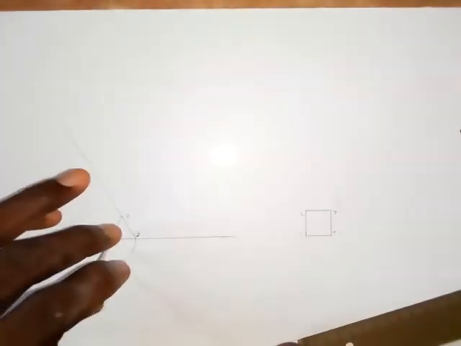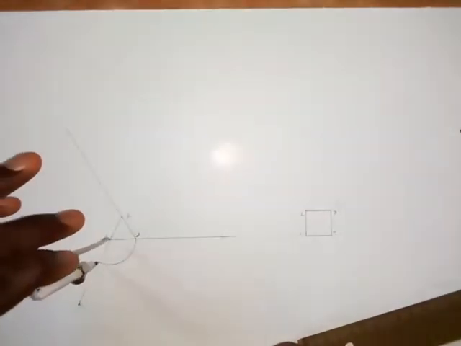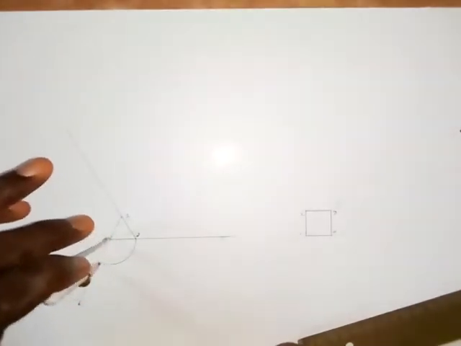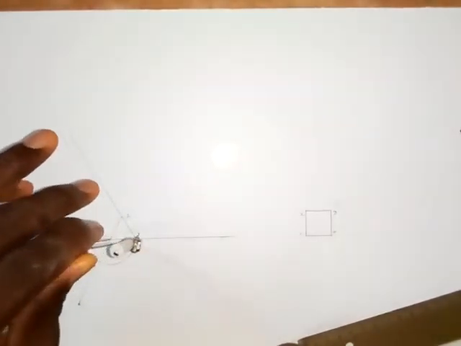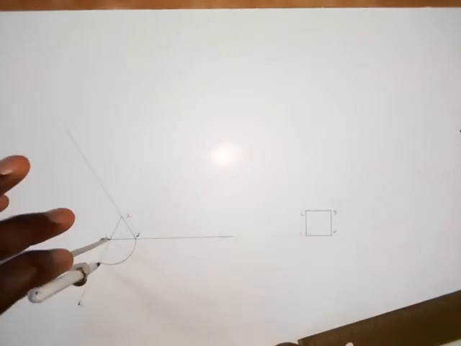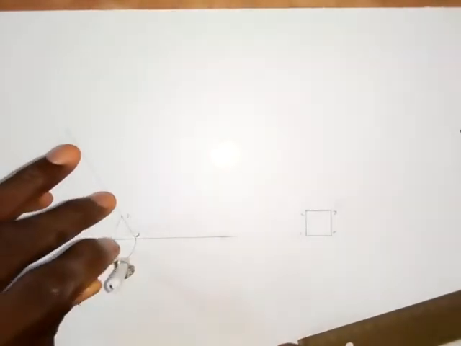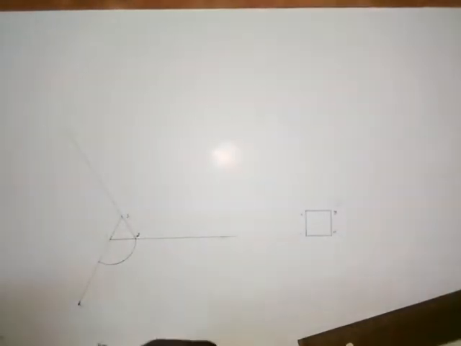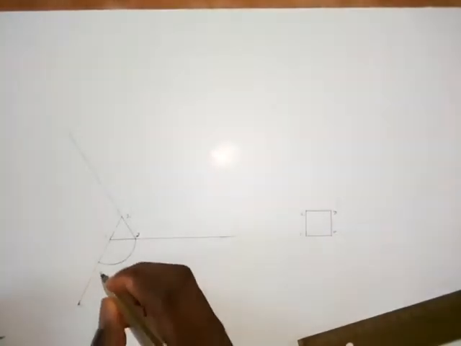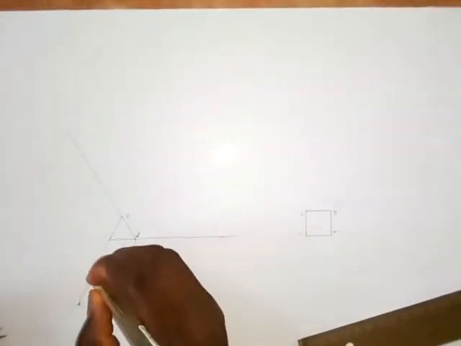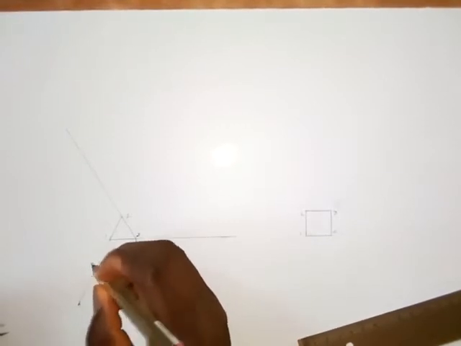When it touches this line that comes out from 1 and 2, stop it there. So draw an arc. The point where the arc touches line 1, 2, call it P1.